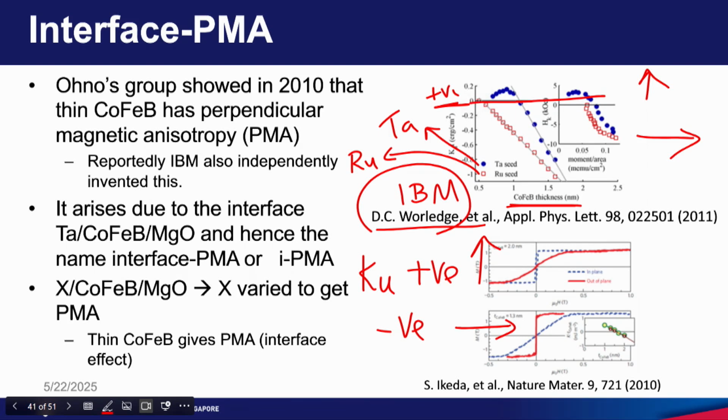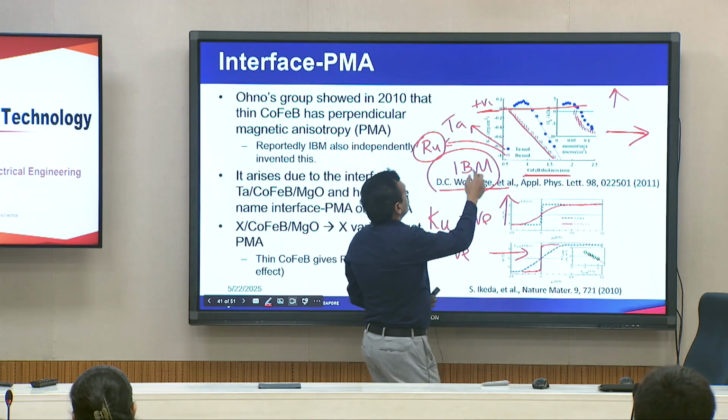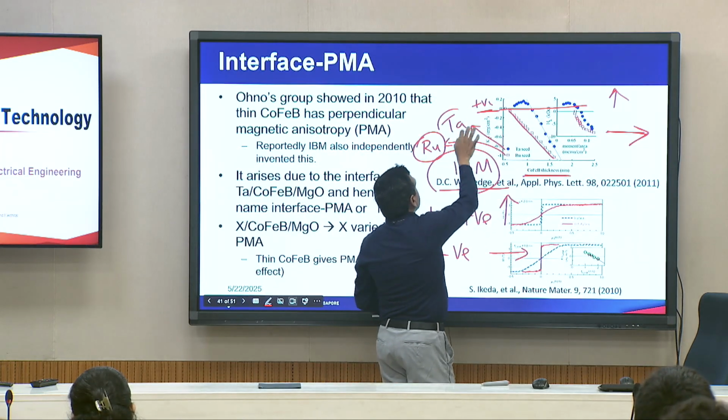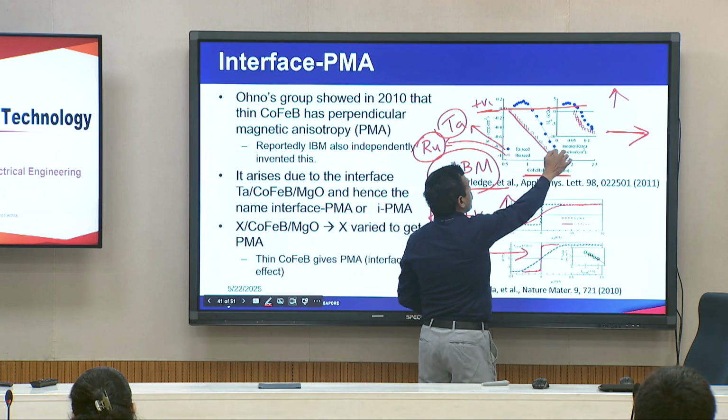So when you grow cobalt and boron on top of ruthenium, Ku is always negative. So even if you make the cobalt and boron thinner, Ku is always negative, which means magnetization is lying in plane. Okay, on the other hand, let's say we grow cobalt and boron on top of tantalum, shown by the blue dots.